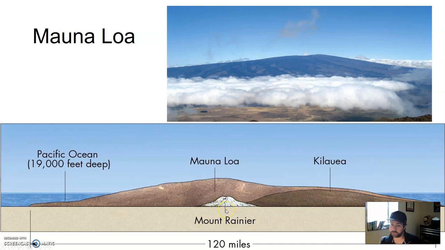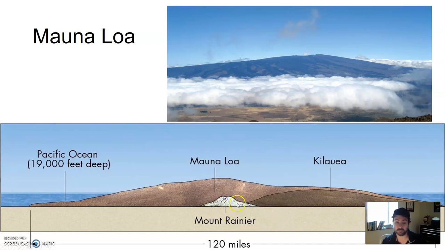Mount Rainier, which is a stratovolcano, compared in size. Now, again, size doesn't really tell you much. Just because Mauna Loa and Kilauea, these are shield volcanoes, are big doesn't mean they explode, because they don't. However, Mount Rainier is a stratovolcano.